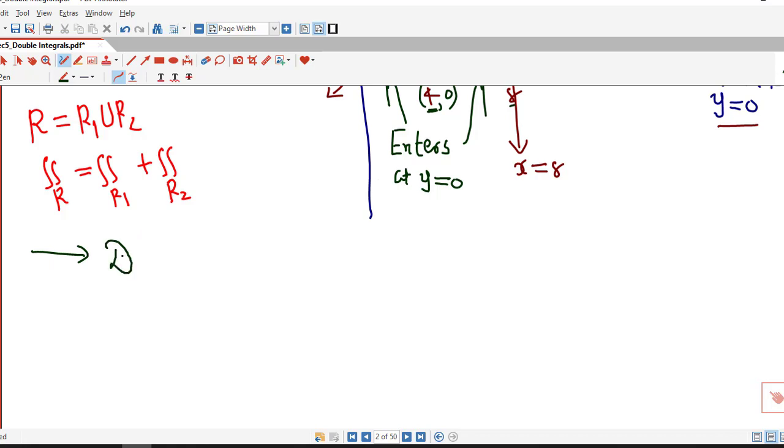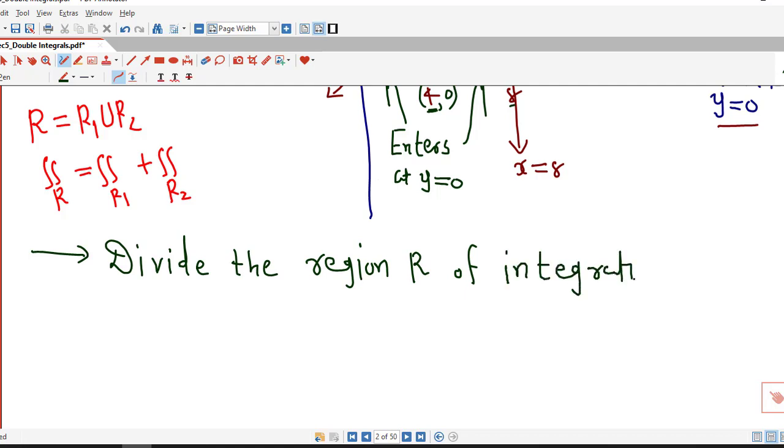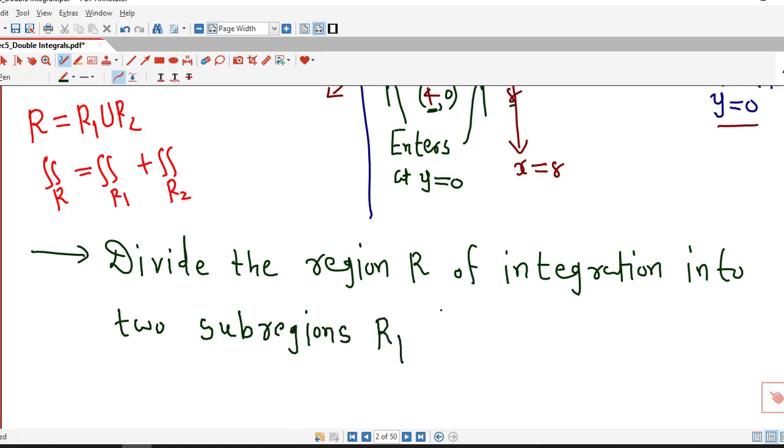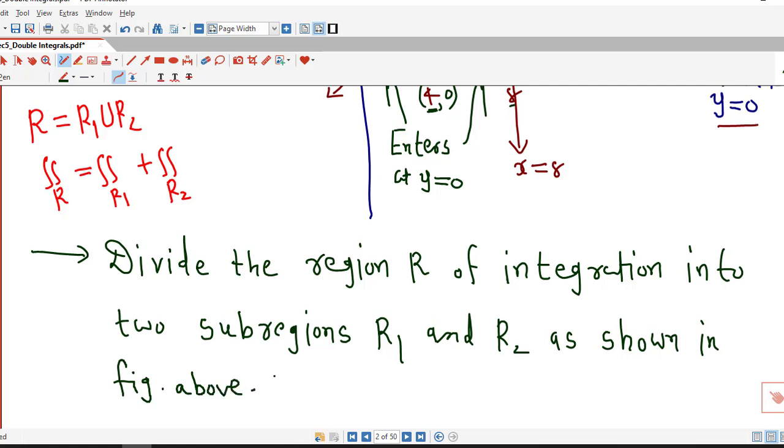We write that we divide the region R of integration into two subregions R1 and R2 as shown in the figure which we have sketched.